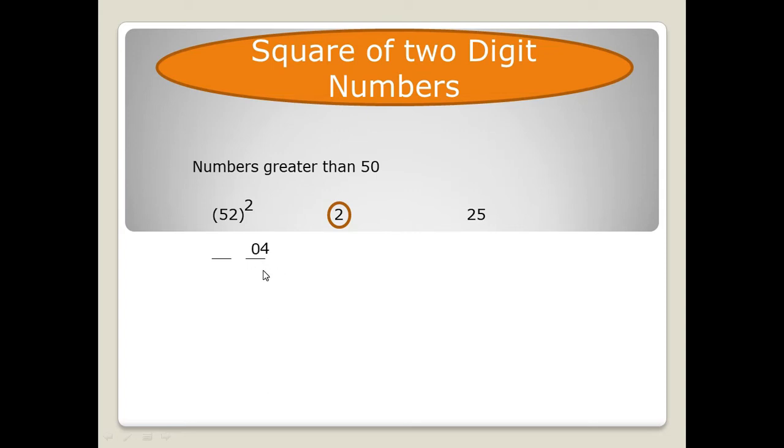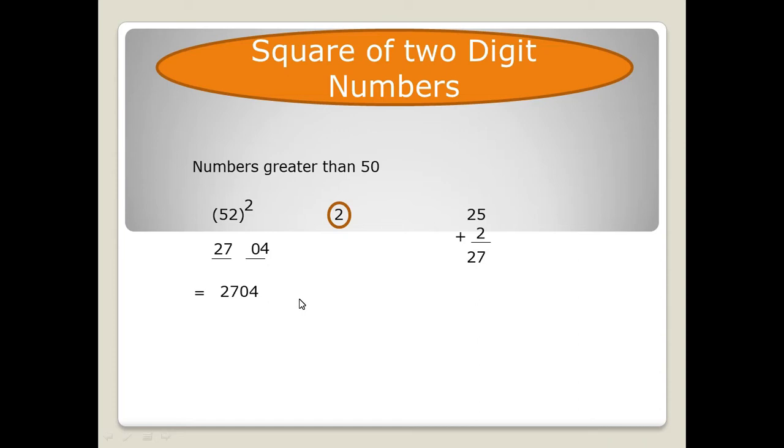And now, since 52 is 2 greater than 50, we will add 2 to 25 and the answer would be 27. Now place this 27 here and the answer is there, that is 2704.